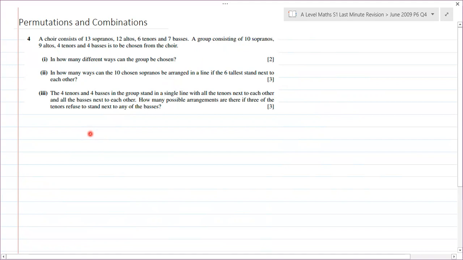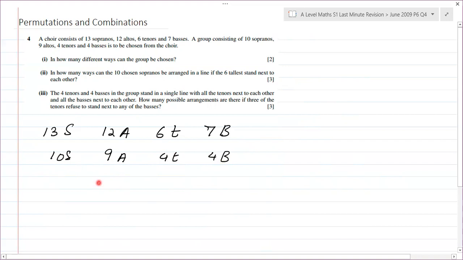A choir consists of 13 S, 12 A, 6 T, and 7 B. A group consisting of 10 S, 9 A, 4 T, and 4 B is to be chosen from the choir.